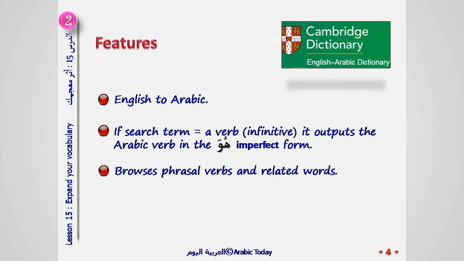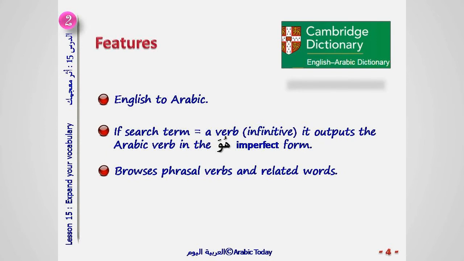If the search term is a verb in the infinitive form, it outputs the Arabic verb in the huwa imperfect form. But remember that the huwa perfect form is the one that is generally used as equivalent to the English infinitive. So if you want the perfect form of the verb output, you will need to use another dictionary. For instance, the one we are going to see in the next slide.